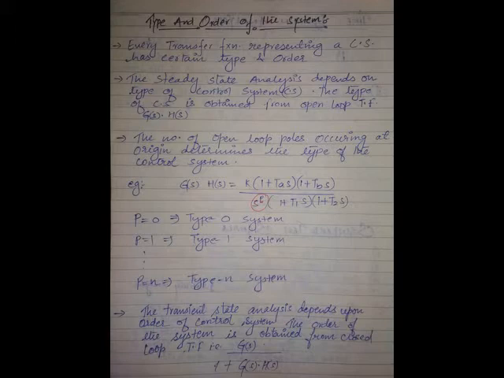If P is 0, this system is a type 0 system. If P is 1, this system is type 1 system. Like that, if P is N, the system is type N system. So from the open loop characteristics, by observing the open loop poles at origin, you get the information about type of the system.